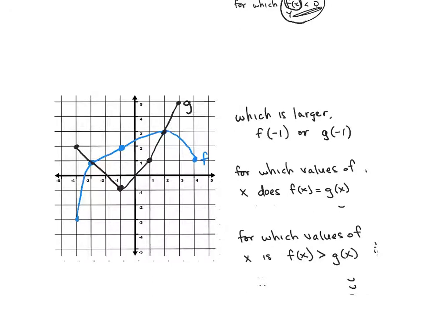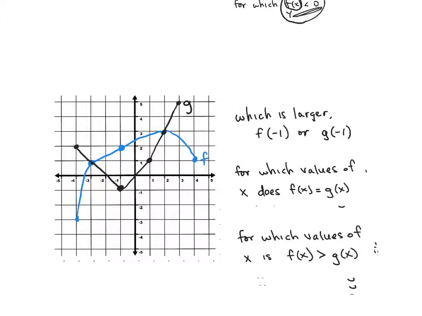Meaning which function has a higher value with an x value of -1. So here we have the x value of -1, and I keep saying x value because remember, numbers inside the parentheses are input or x values. So when x equals -1, which is bigger, the f function or the g function?